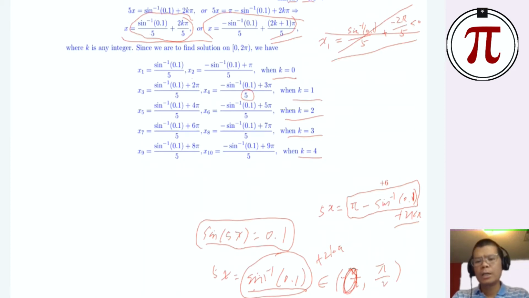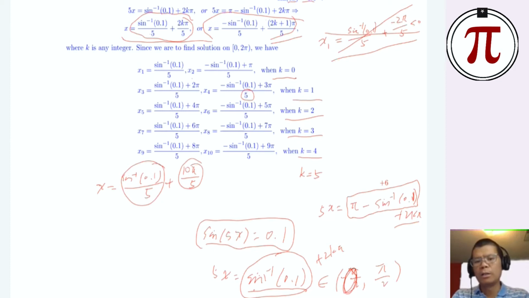Now, can k equal 5? You cannot have k equal to 5. If k equals 5, my x will be sine inverse 0.1 over 5 plus, with k equal to 5, that's 10 pi over 5. So that is 2 pi plus a positive value, right?